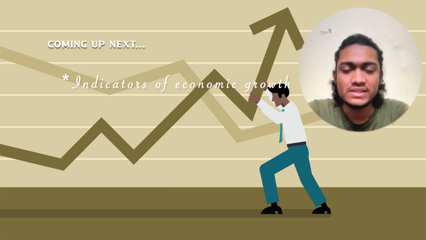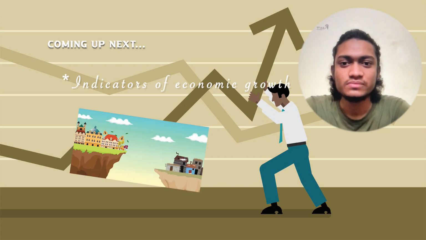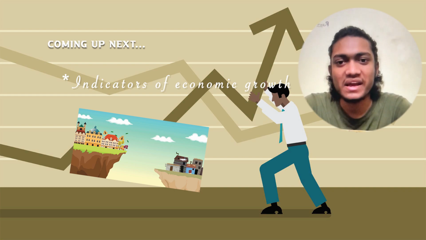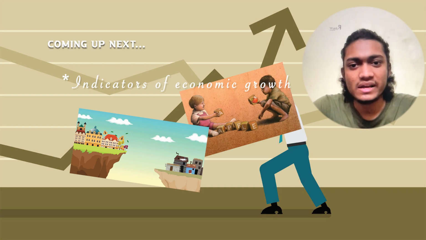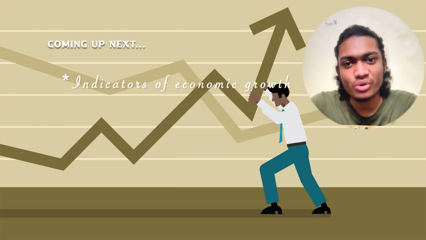We will begin with understanding the key indicators of economic growth. How do we measure the financial pulse of a country like India? And using our analytical insights, we will learn how to evaluate these indicators to determine India's economic growth or slowdown.